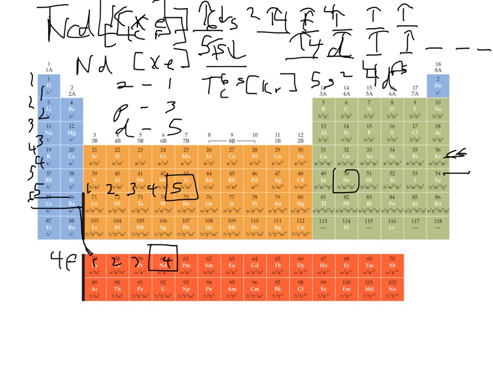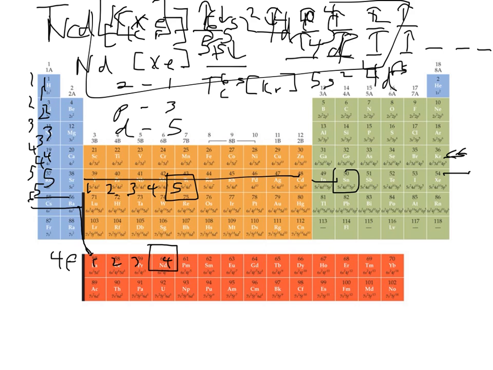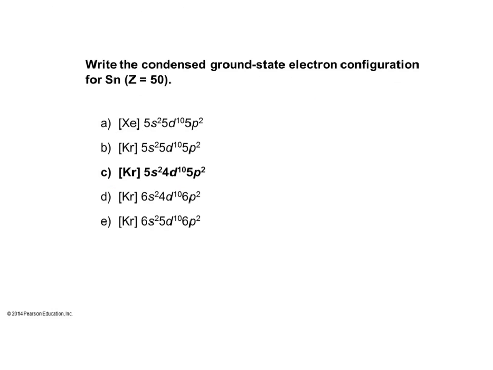So now we can read it like a book. 1, 2, 3, 4, 5. 5s2. 4d10. 5p2. So there's our electron configuration for tin. And let's see if we're right. And what do you know? We are indeed.